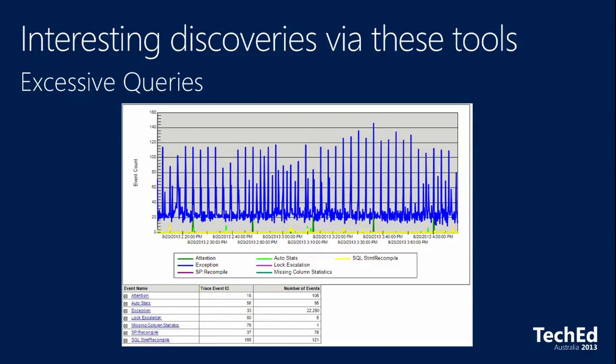In this particular case, there were a lot of exceptions happening, and within the report you can drill through further into what those are. The exceptions were happening because objects were either temporary objects which had been dropped before being called, or they'd been dropped from the database and there were still queries trying to reference them from within the application. So we were able to identify more application configuration issues that way and dig into it further to try to reduce the number of issues.